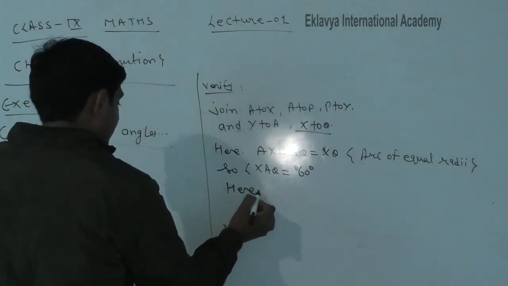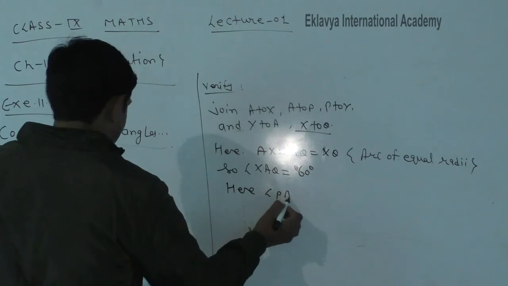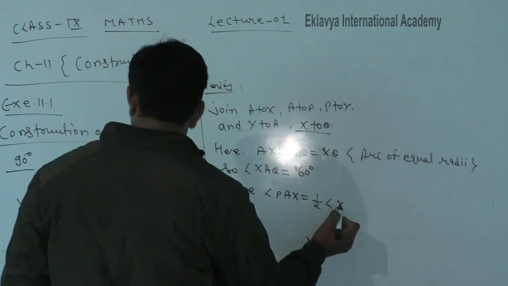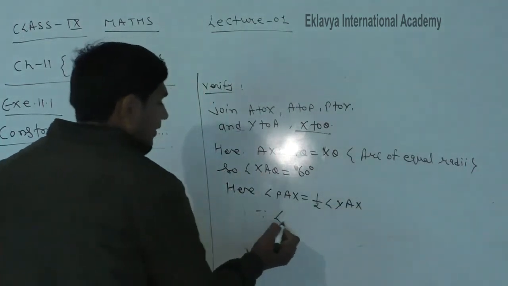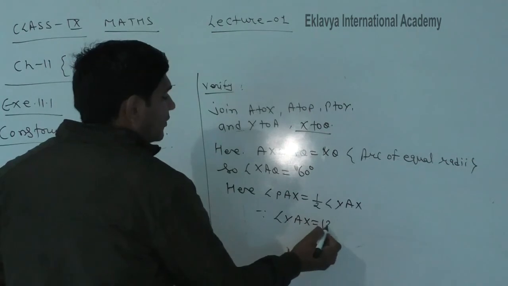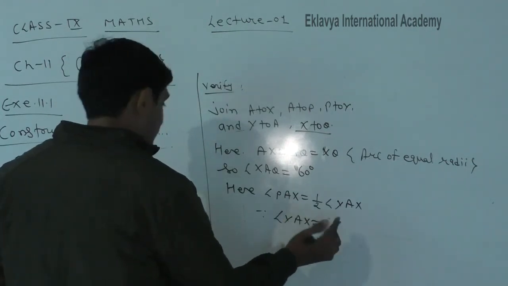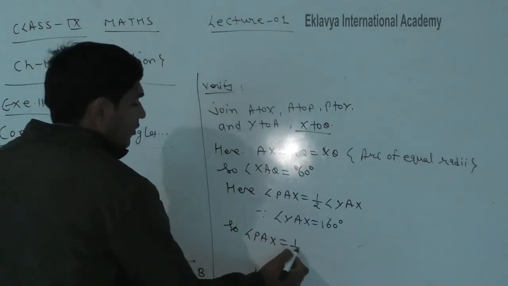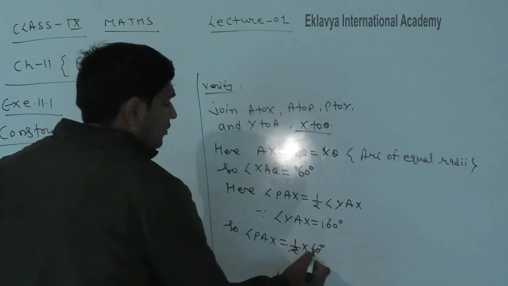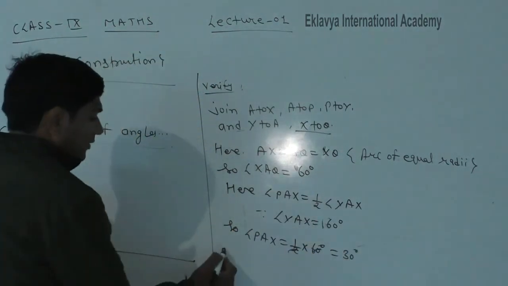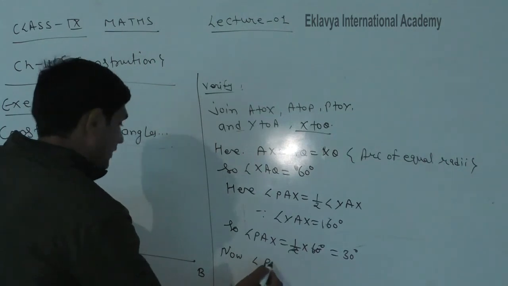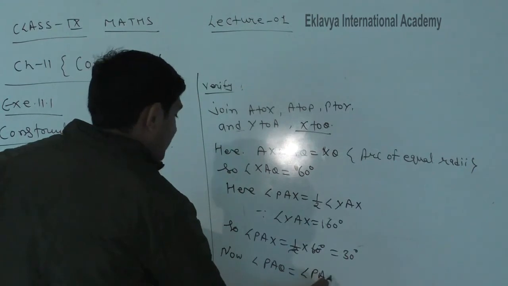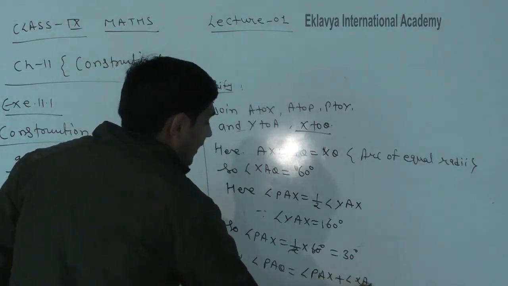Here angle PAX is half of angle YAX, but what is angle YAX? 60 degrees. So angle PAX is 1/2 into 60, that will come to 30 degrees. Now you require angle PAQ. So PAQ can be written as angle PAX plus angle XAQ.